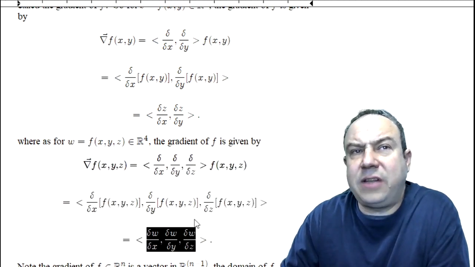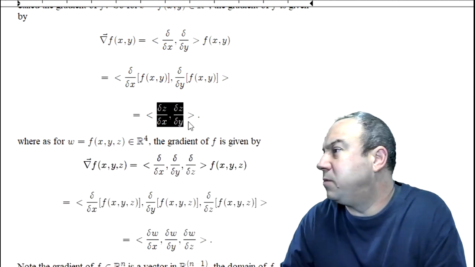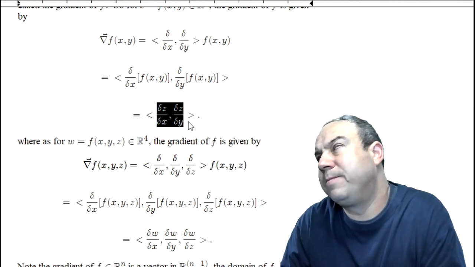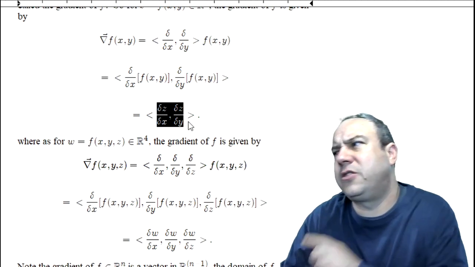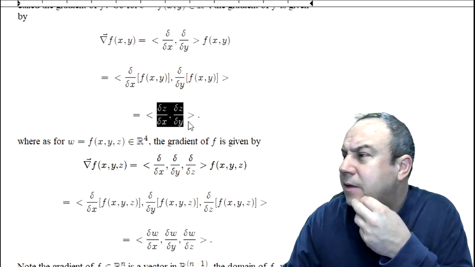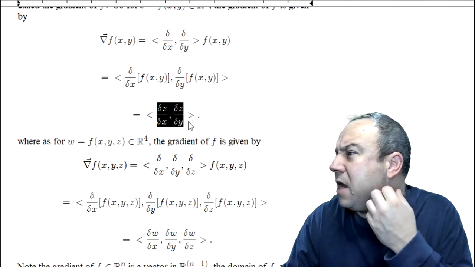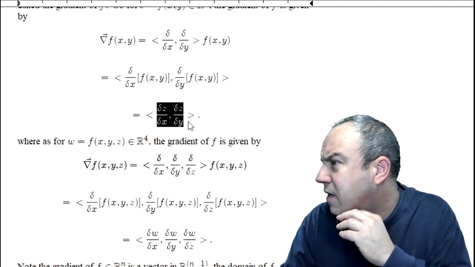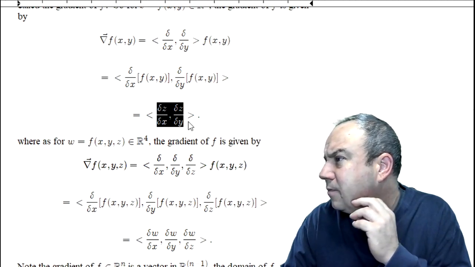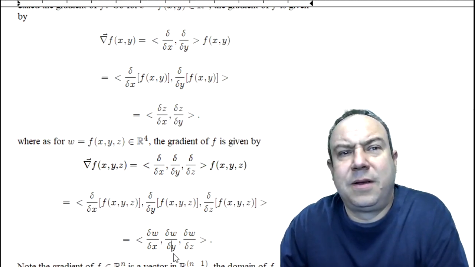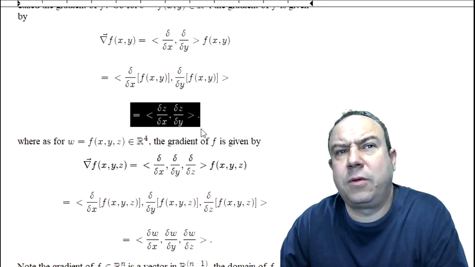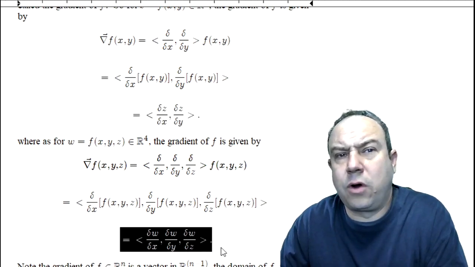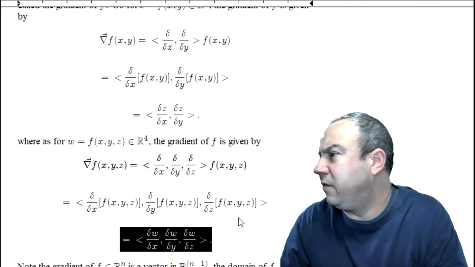The gradient is essentially a vector description for that surface, made up of the partial calculations for the independent variables of that surface. Respectively, here for the three-dimensional surface, we have the two-dimensional gradient seen here. For the four-dimensional surface, we have this three-dimensional gradient seen here.